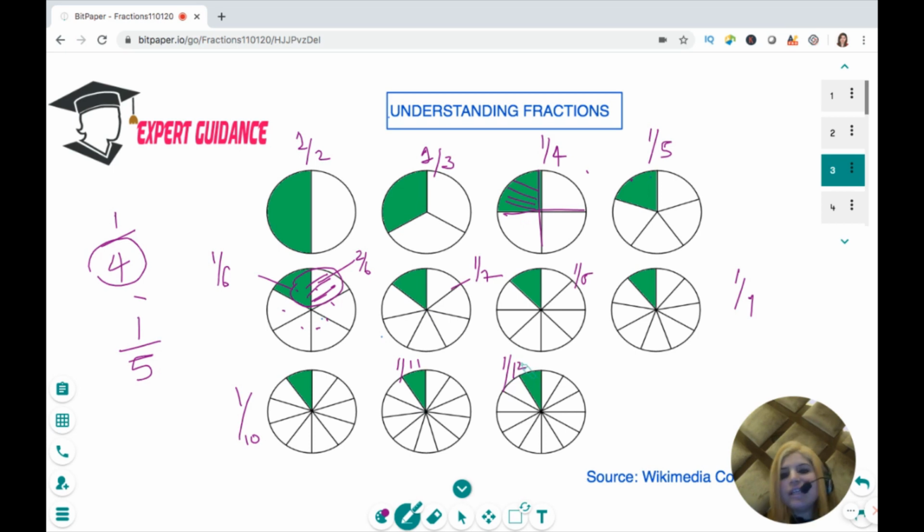So if any shaded question comes to you, you count the total number of parts. That will become the denominator and the part that is shaded will become the numerator. Or they'll give you a fraction and ask you to shade it. Then you will count the total number of parts and whatever the numerator is, you will just shade that many parts. Okay, so I hope diagrammatic representations of fractions are clear to you.